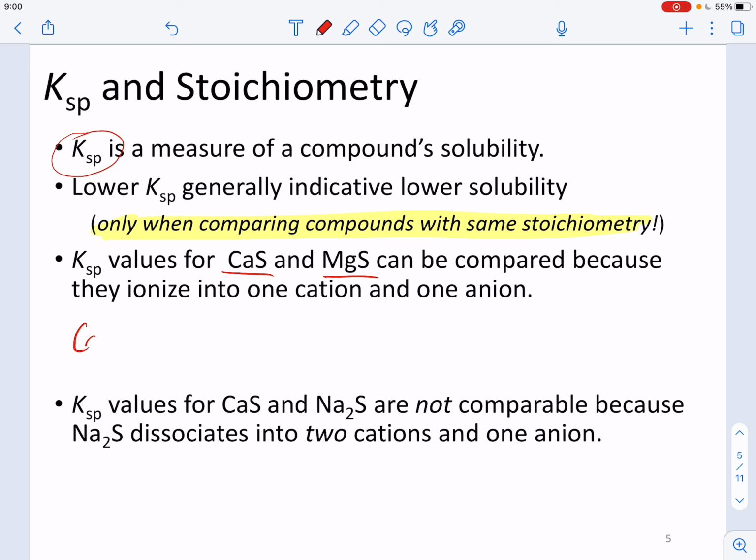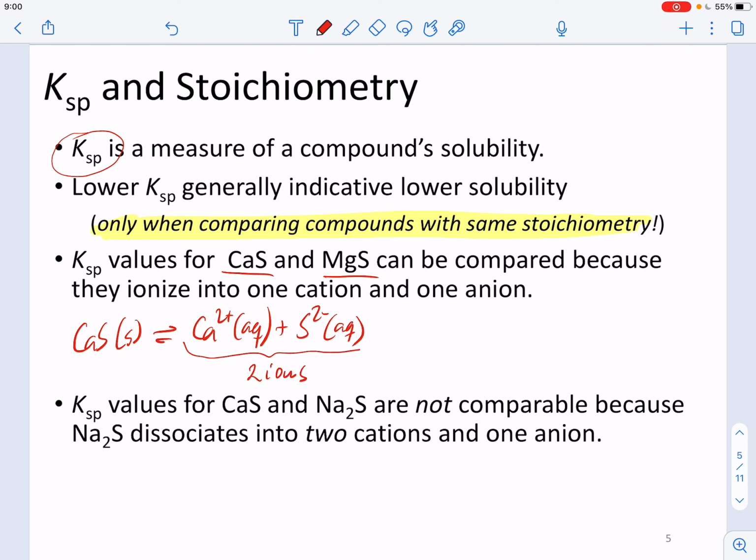Why is that? Because if you have calcium sulfide as a solid in equilibrium with its ions, then we have calcium 2+ dissolved plus sulfide dissolved. And what you see here is that you have 2 ions.